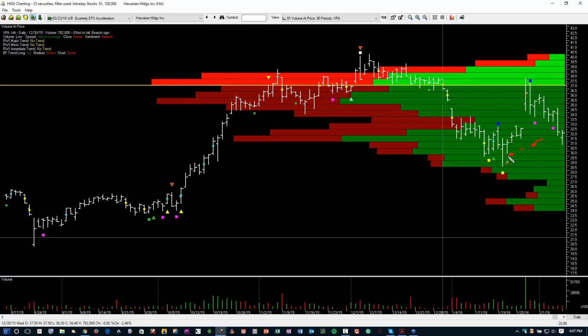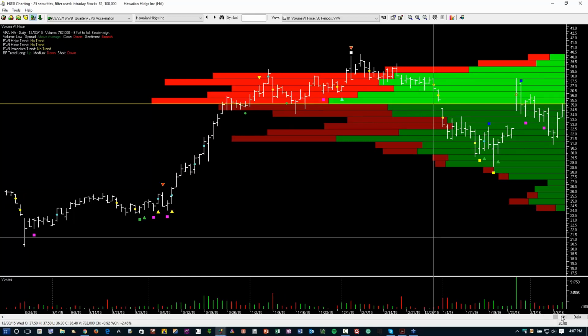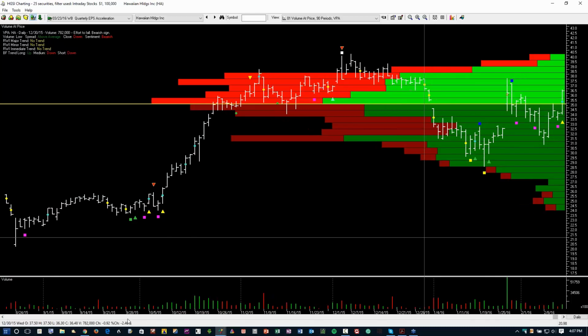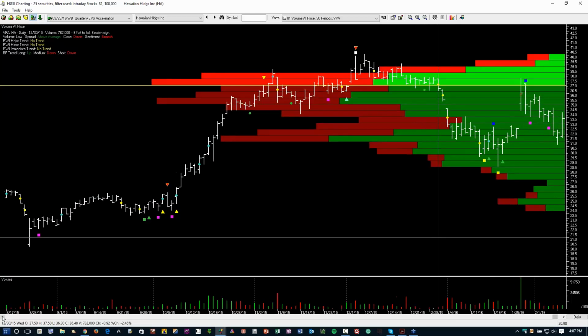Isn't this interesting? It came down, rallied back up to the volume point of control and failed again. So scroll the chart back so that day that it rallied to is the rightmost day. No, go the other way. Okay, yeah, it's shifting again, of course.